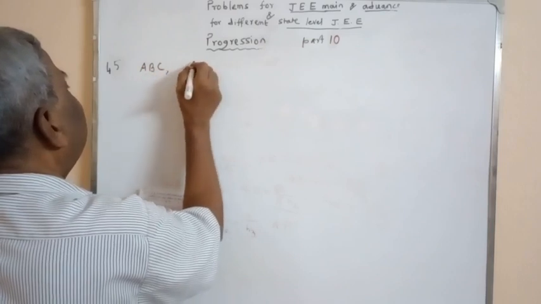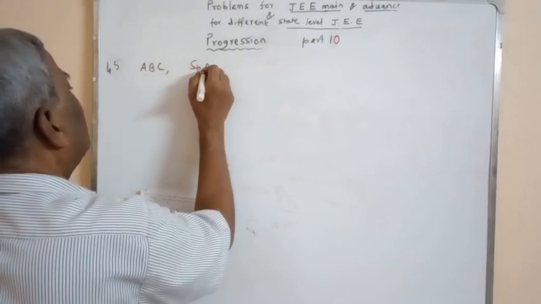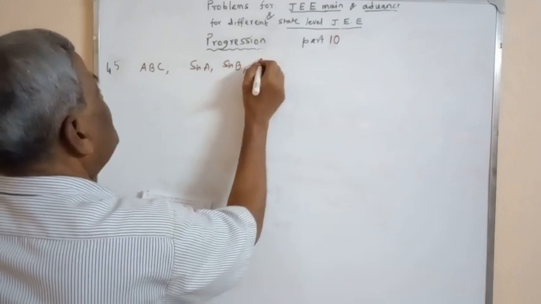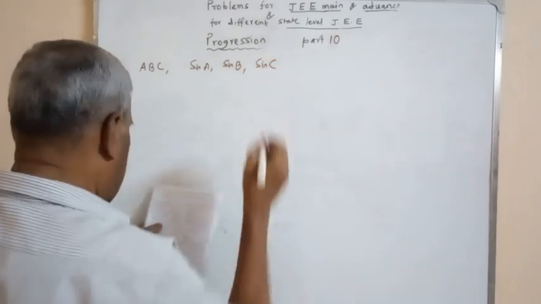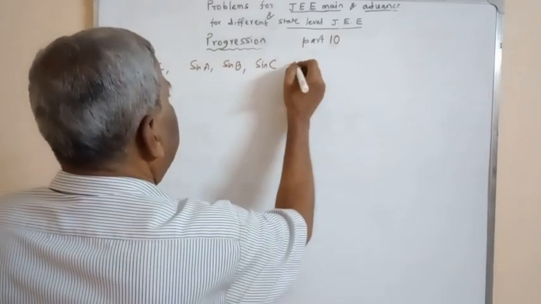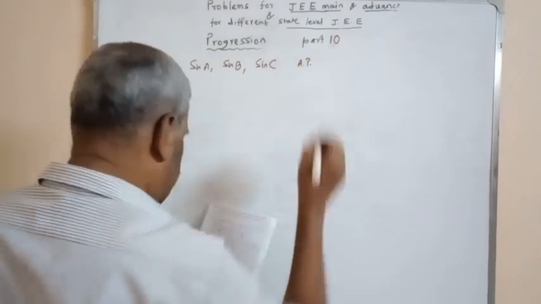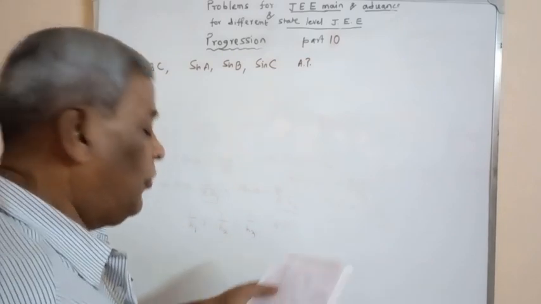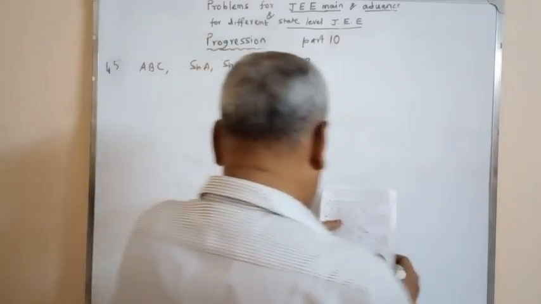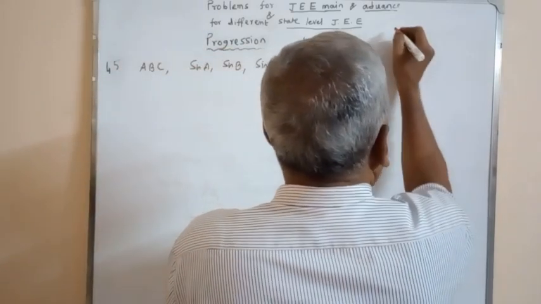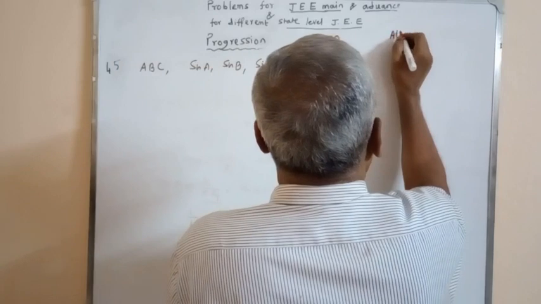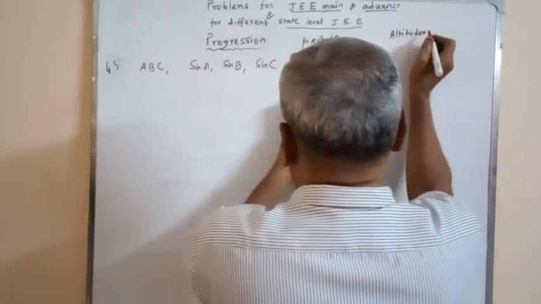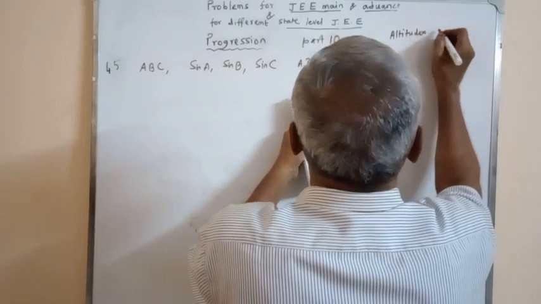sine A, sine B and sine C are in AP. Then which one of the following is true? Number 1, altitudes are in AP.